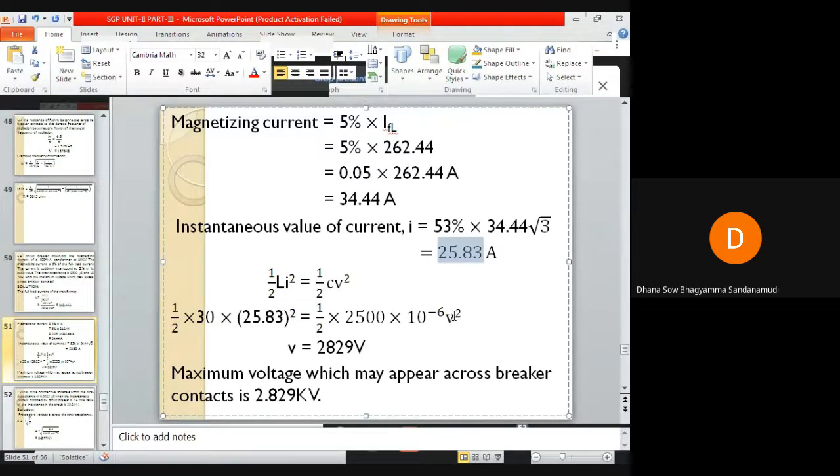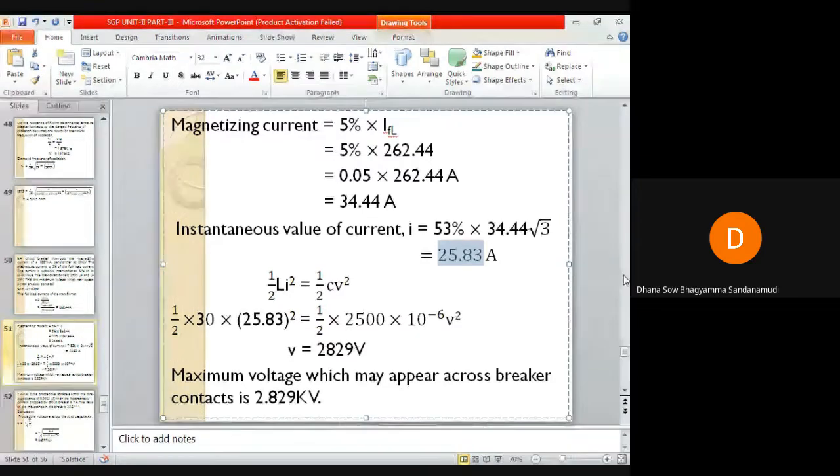What is the voltage at the instant of interruption? You can determine V by equating the energy stored in the inductor and the capacitor. This voltage is the prospective voltage that will appear across the circuit breaker contacts at the instant when current is interrupted.